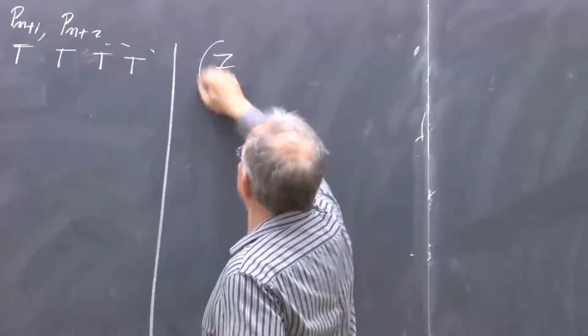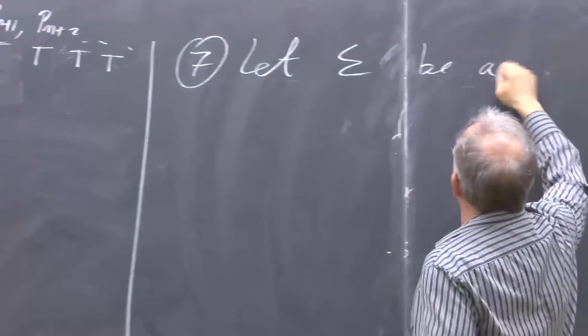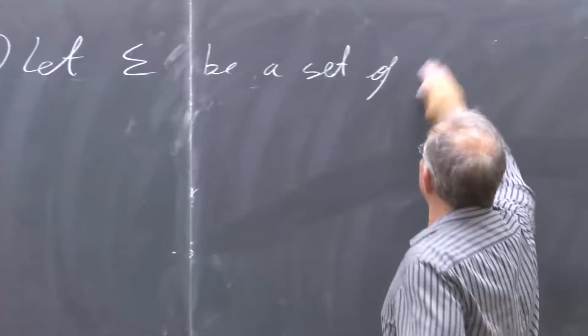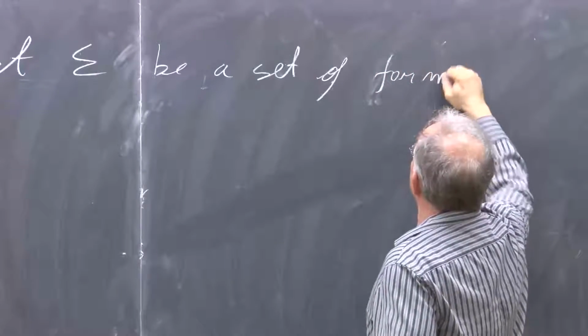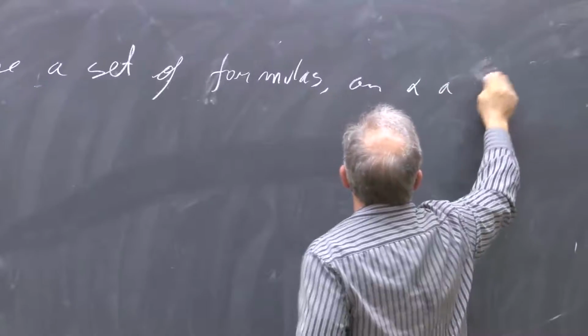Number 7: let sigma be a set of formulas and alpha a formula.